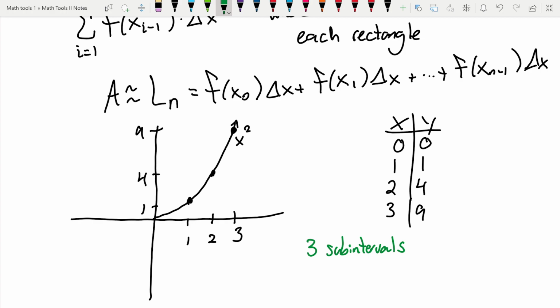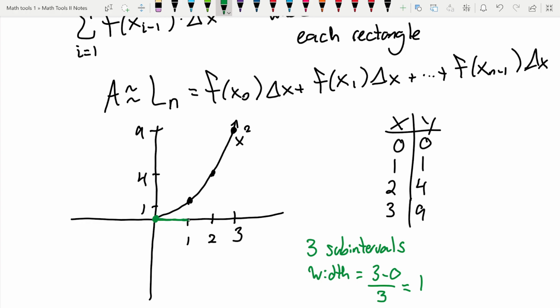Okay. Then that means that the width of the subintervals is 3 minus 0 over 3, which is going to be 1. Okay. And then we take the left endpoint for the heights of the rectangle. So the left endpoint here is 0. So the first one has height 0.